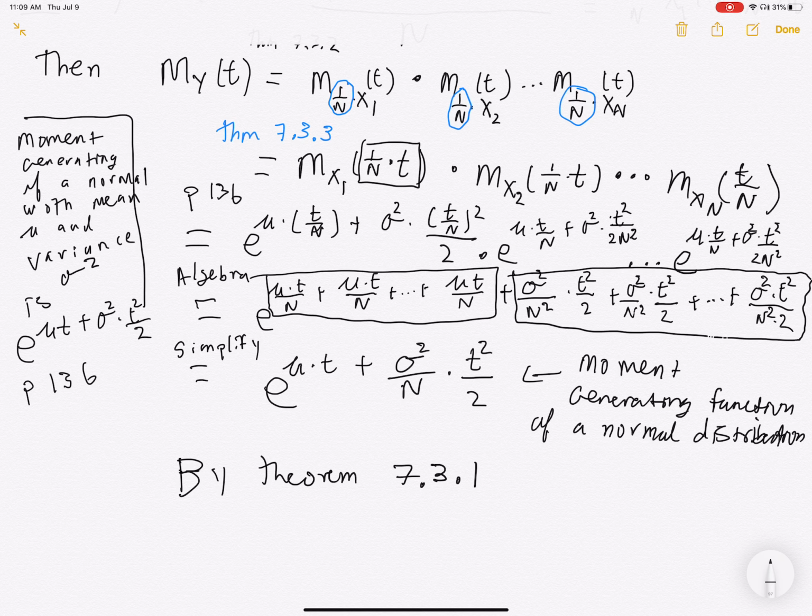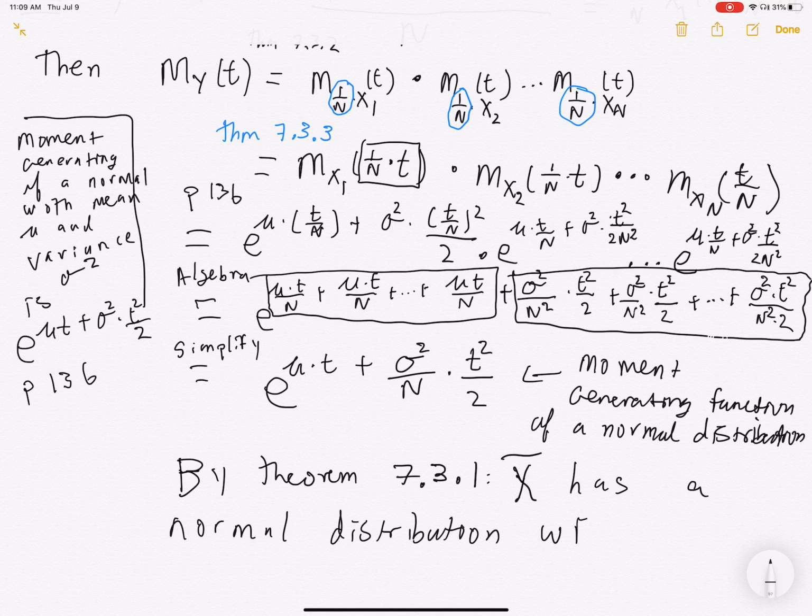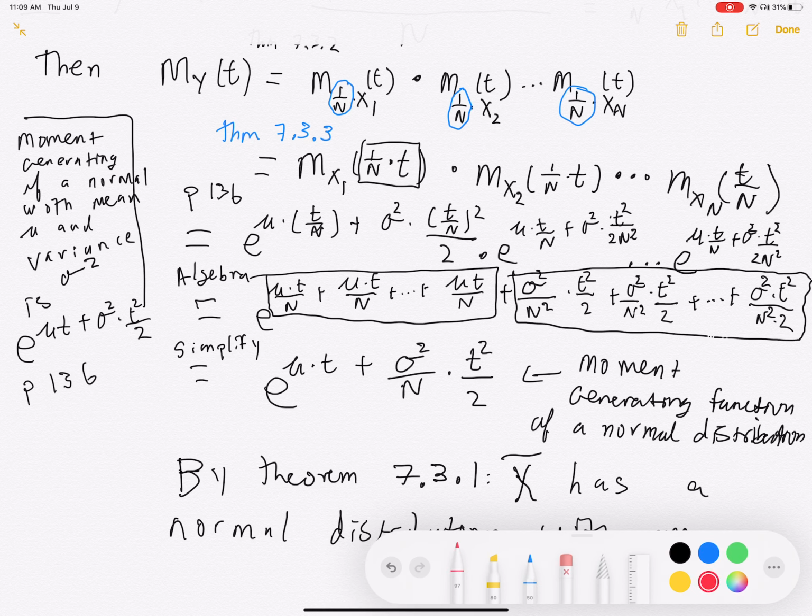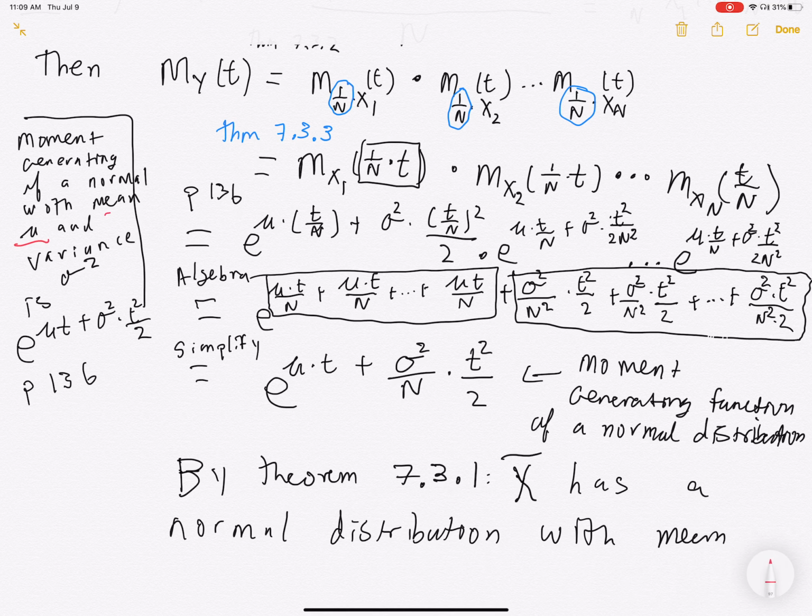So by Theorem 7.3.1, y, which is x bar, has a normal distribution with mean, well, the mean here is multiplied by the t term, so the mean is mu, and variance.